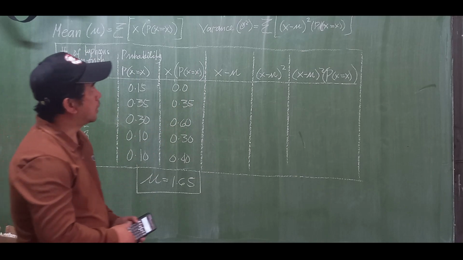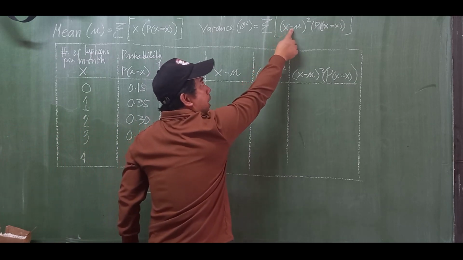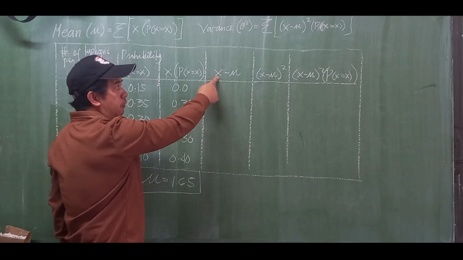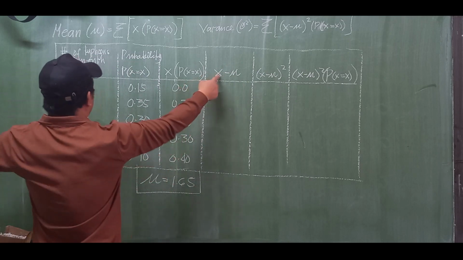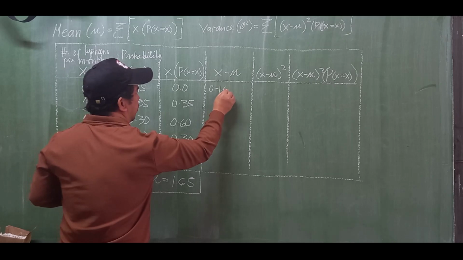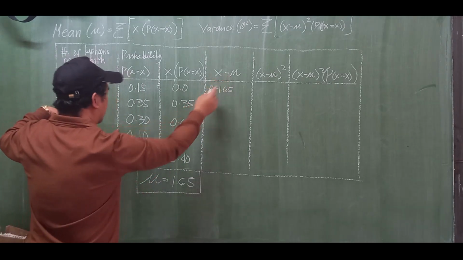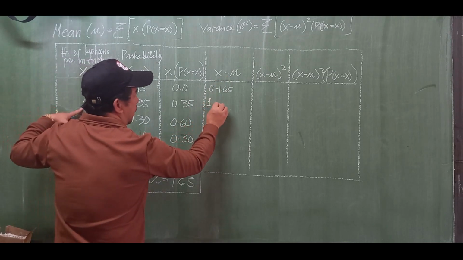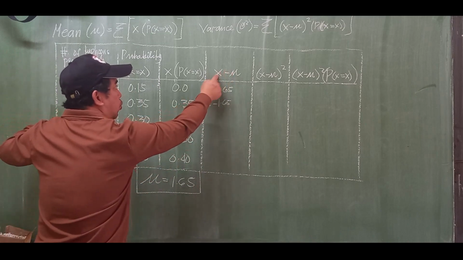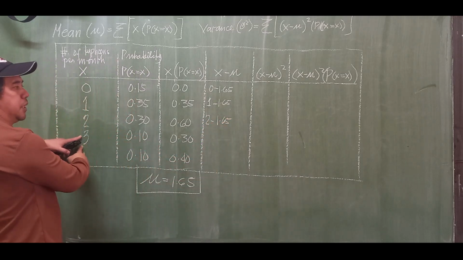Notice that in the working equation of the variance, first, we get the individual variable minus the mean.